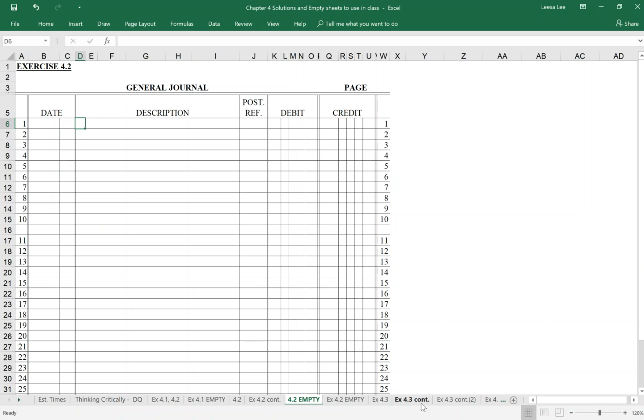All right, with a General Journal, always make sure you put a page number on them, and we will almost always start with page 1. Sometimes we will start with a different page, but that's pretty normal. When you open up the General Journal, you want to put the year and the month in which you are working, and this is September.